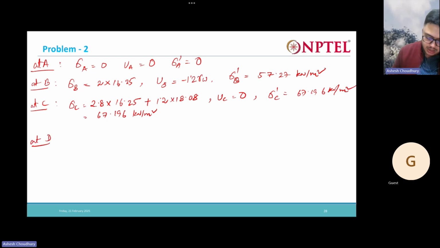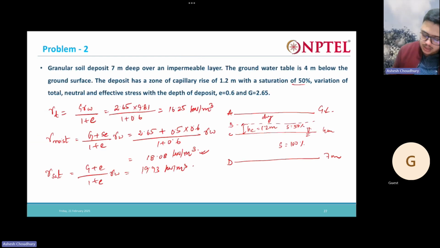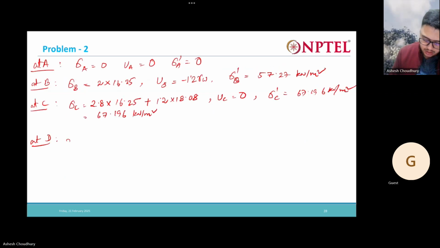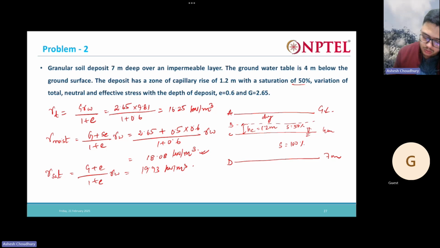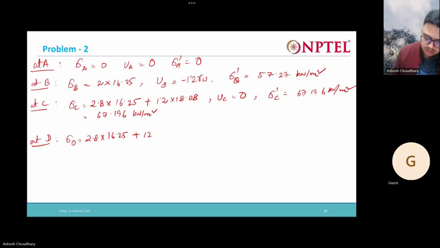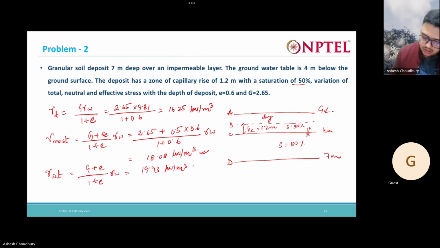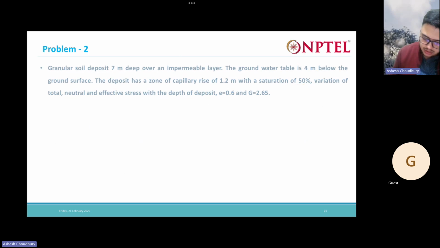At D, first we have 2.8 times 16.25, 0.8 times 16.5 plus 1.2 times 18.08 plus 19.93 times 3.